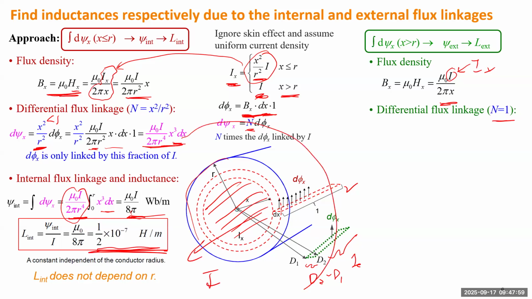So if you consider any path surrounding this I, that number of turns is 1. But when you go inside, you are still linking just a single current, not many times, and that single current is only a part of the total current. That's why for the internal case, that N is not 1, it's less than 1.